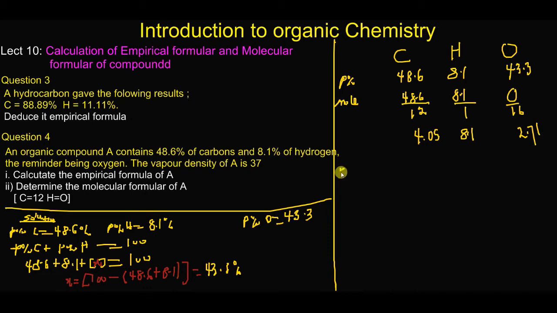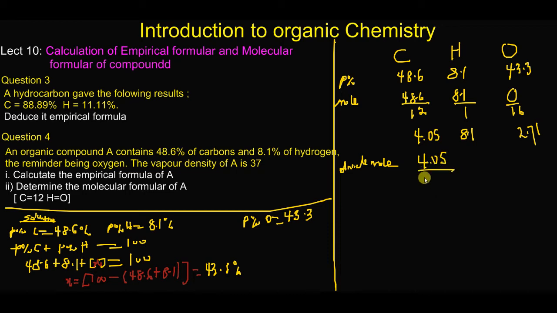After you find the mole, you further divide the mole against the smallest ratio. So what is the smallest ratio here? 2.71. This is the same as finding the relative mole, so you divide by the smallest mole, and the smallest mole is what?